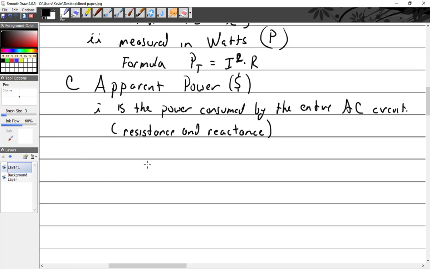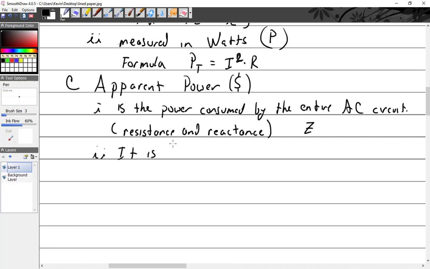So resistance and reactance. That means if it's resistance and reactance, it's a function of what? What do we call the whole thing? Z, which is impedance. Okay, you guys are there. Right. This was kind of an interesting point, I thought.